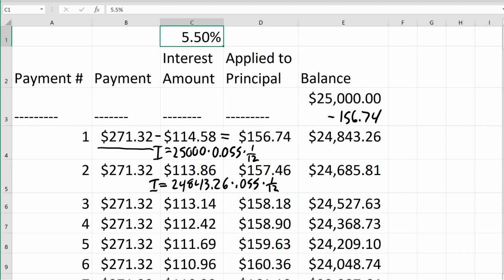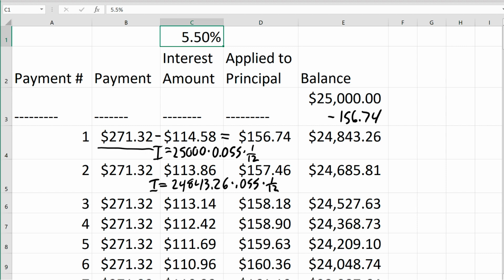That doesn't make it 2/12. 2/12 would be 2 months out of the year. Every month, we're just calculating one month's interest at a time. So we're multiplying by 1/12 because each month 1/12 of the interest rate is charged, and that's because payments are being made monthly. So if payments were being made weekly, for example, we'd multiply by 1/52 because each week 1/52 of the interest rate would be charged.